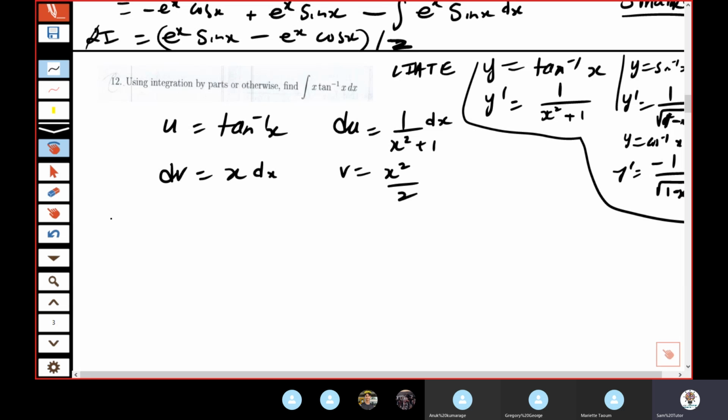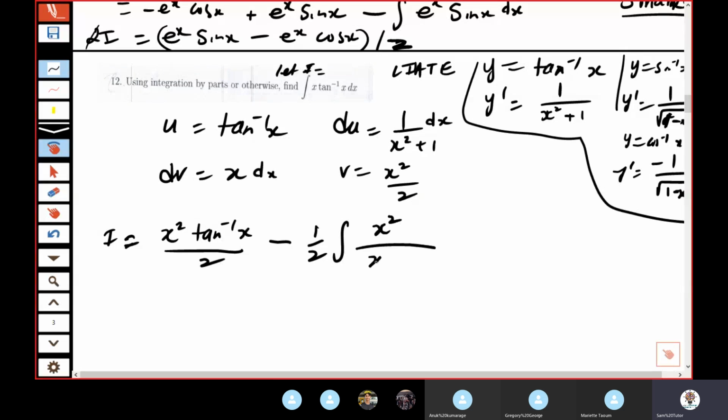All right, just imagine this was I, let I equal this. So I equals this times this, which is x squared inverse tan x on 2, minus, you can take the half out if it's easier for you, the integral, keeping the x squared on top, over x squared plus 1 dx.